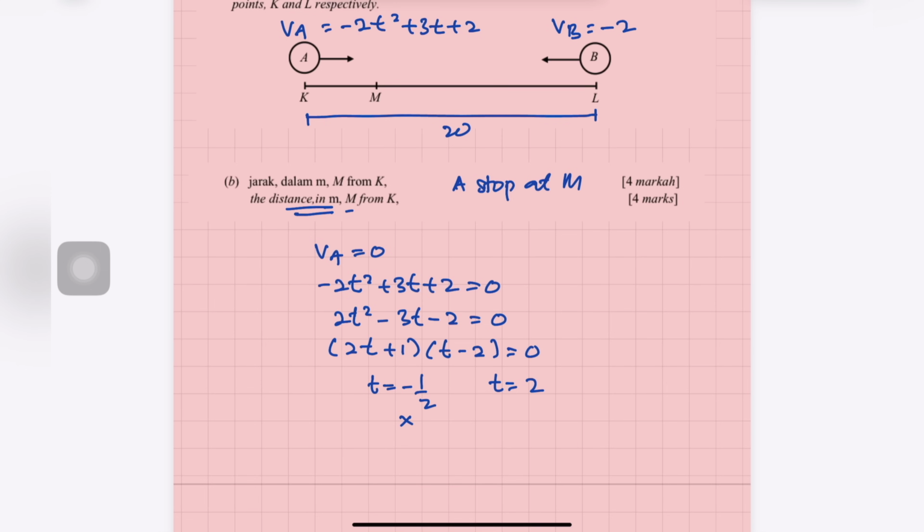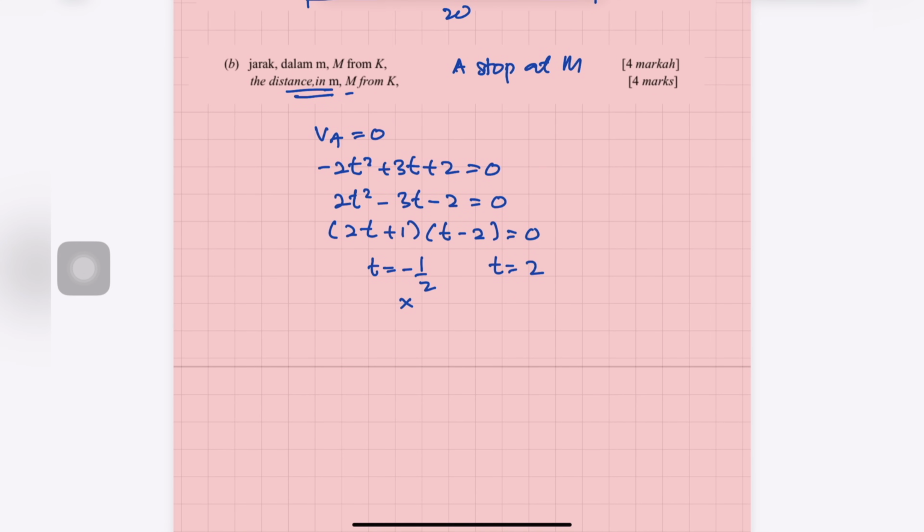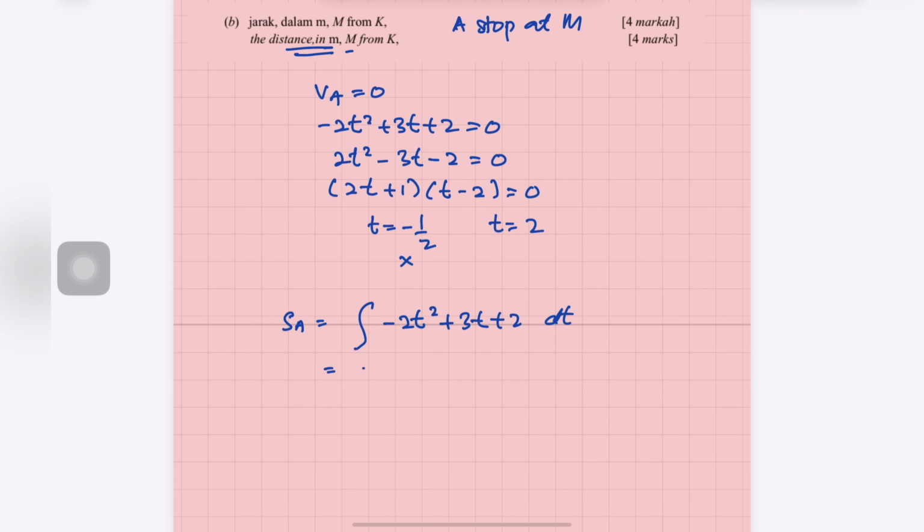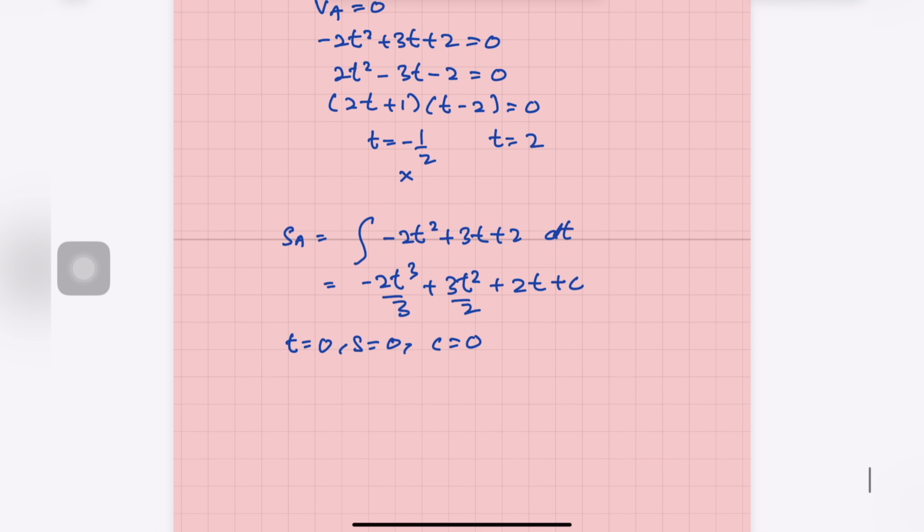To find the distance, we need to find the displacement. To find displacement from velocity, we have to integrate. So to find displacement of A, integrate the velocity negative 2t squared plus 3t plus 2 with respect to t. This is negative 2t cubed over 3 plus 3t squared over 2 plus 2t plus c. When t equals 0, s equals 0, so c equals 0.